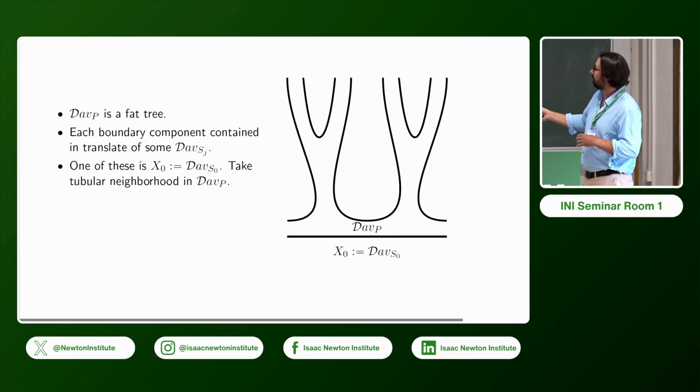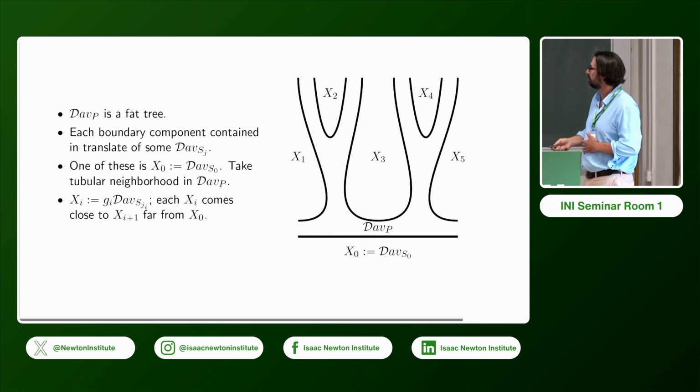Each of the boundary components that's left is in one of these translates of one of the other SJs. And now that it's finite, I can just number them cyclically as I go. So there's an X1, an X2, and an X3. Each of those is some translate of some SJ.